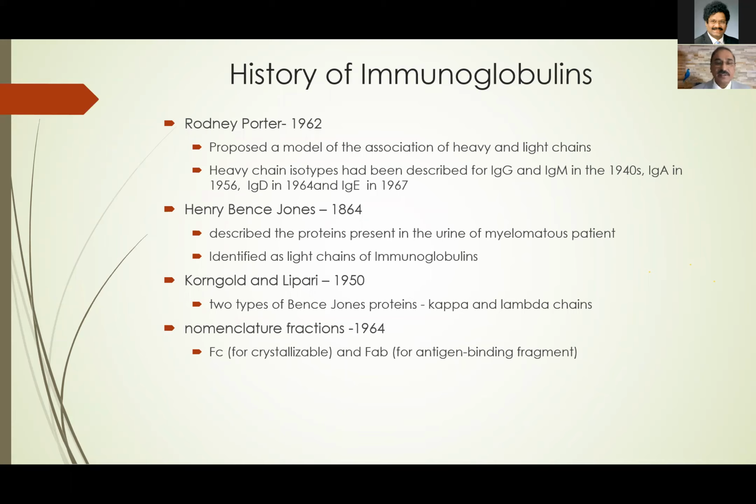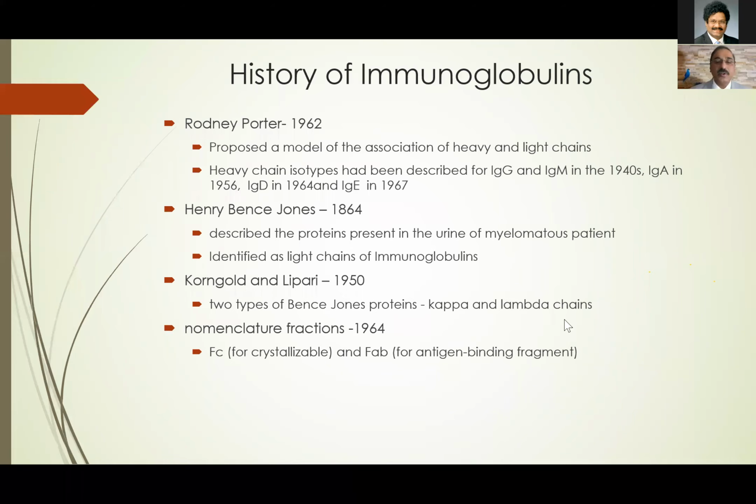The heavy chain isotypes IgG, IgM, IgA, IgD, and IgE were described in the early 70s, depending on the type of the heavy chain. And we know now that IgG has subclasses, IgG1 to IgG4.